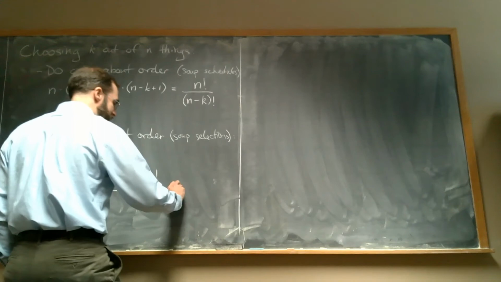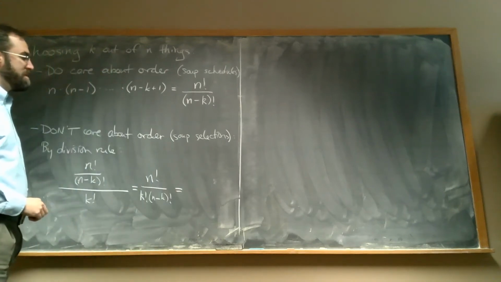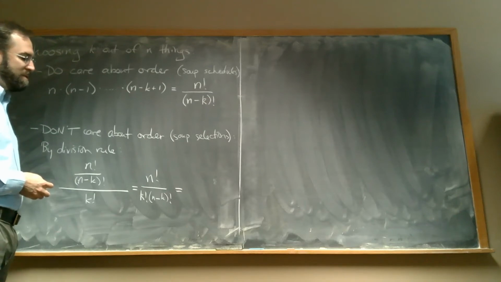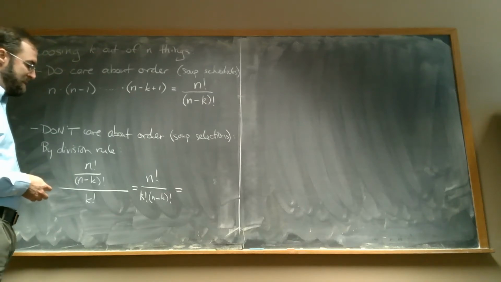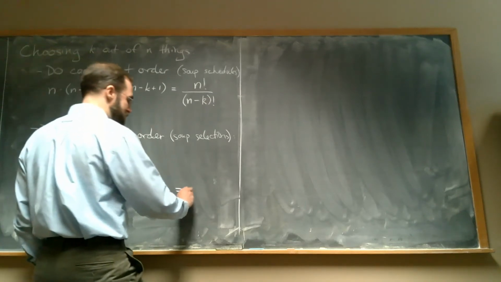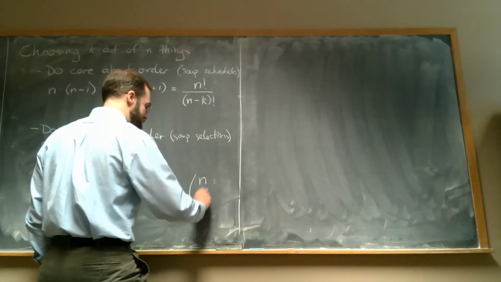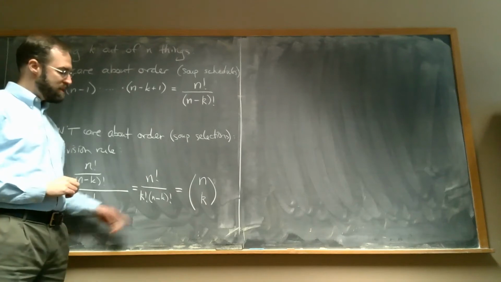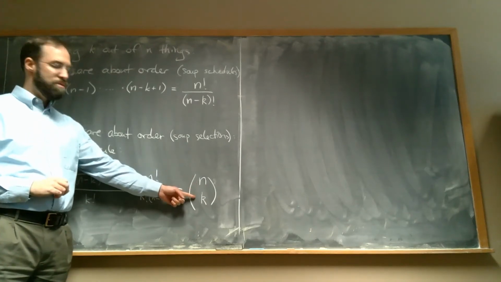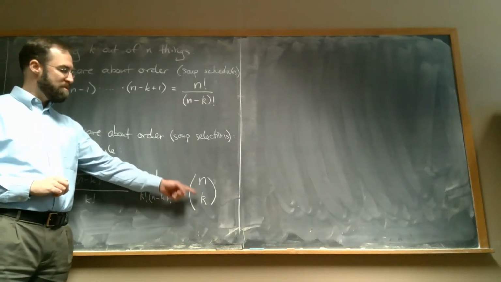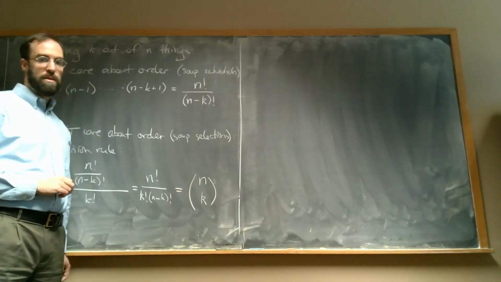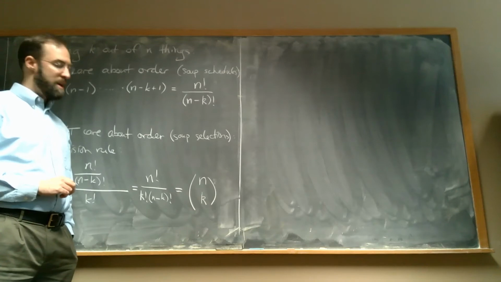Okay, and this comes up all the time, and this is called a binomial coefficient. I'll probably talk about why that is. And it's usually written using a special notation. Write it like this. And we pronounce this n choose k, because it's the number of ways to choose k out of n things when we don't care about the order of the k things.